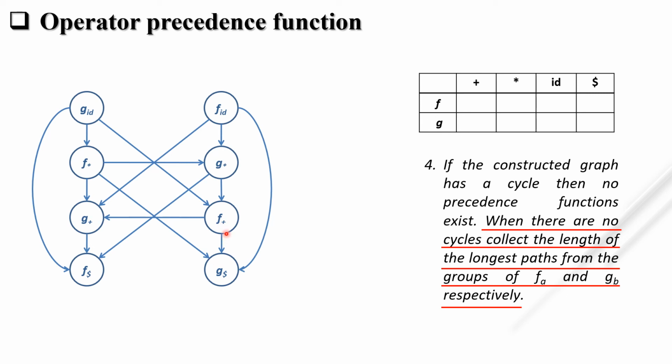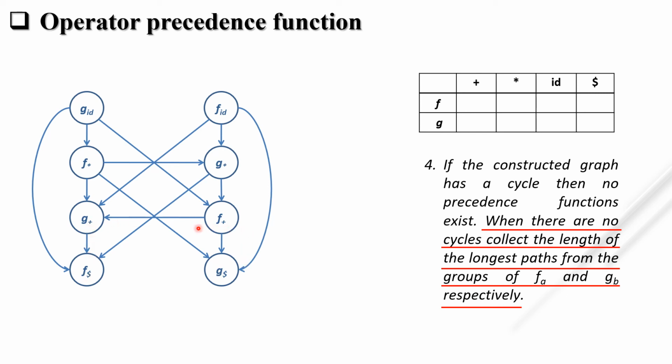One is this with count 1. One is this from f of plus to g of plus and g of plus to f of dollar. Okay, it may end anywhere, on g of dollar also or on f of dollar also. Okay, it is an end marker. It may end on g of dollar or f of dollar with the longest path. What is the longest path?